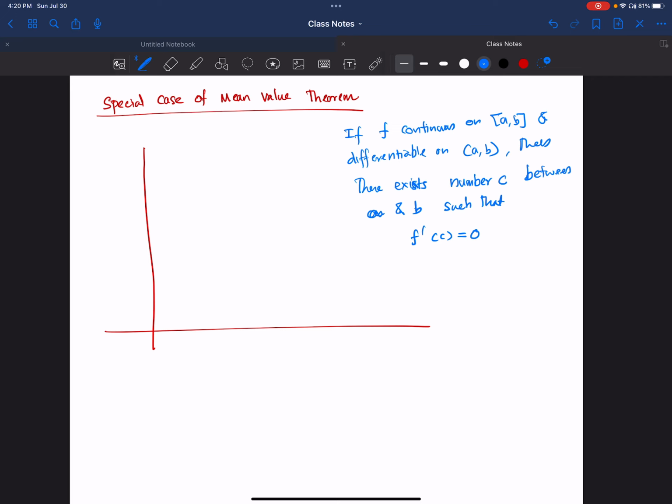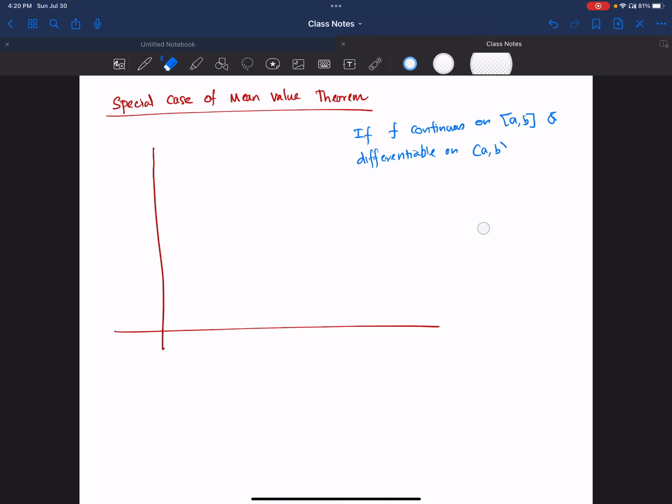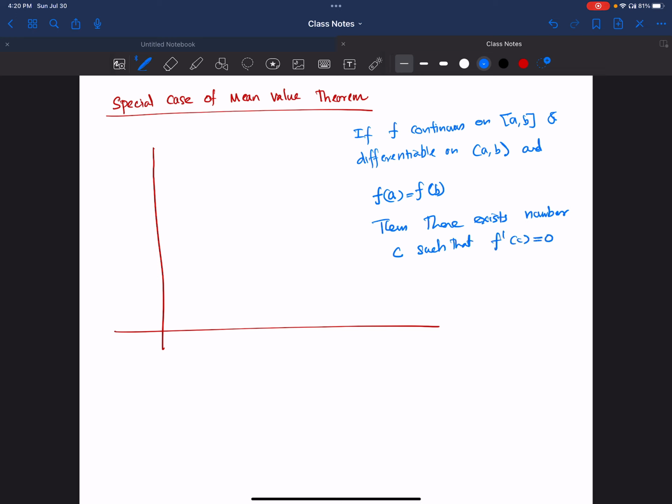If f is continuous on [a, b] and differentiable on (a, b), and this is one part, and if f(a) equals f(b), then there exists a number c such that f prime of c equals 0.